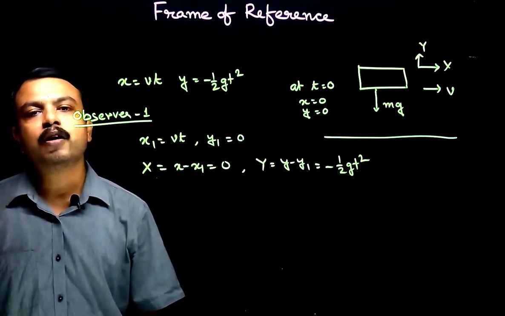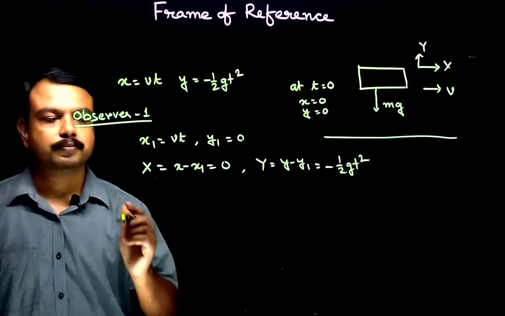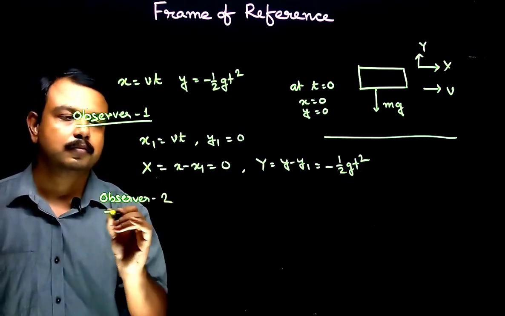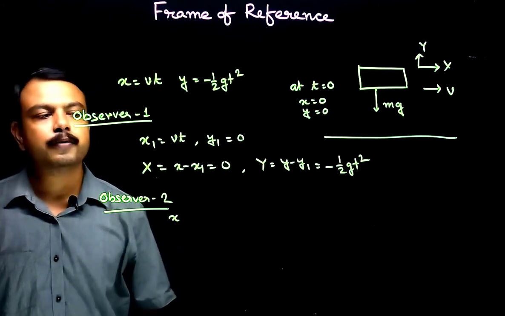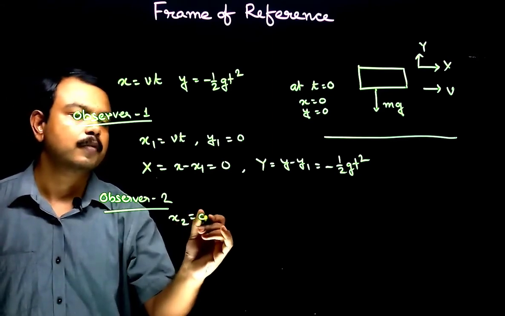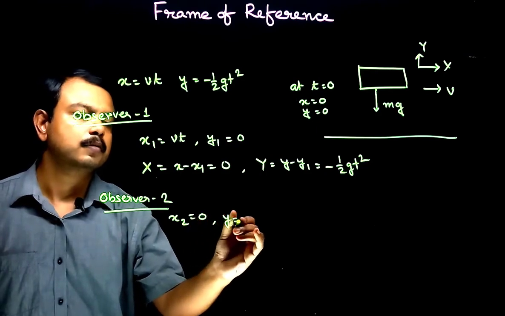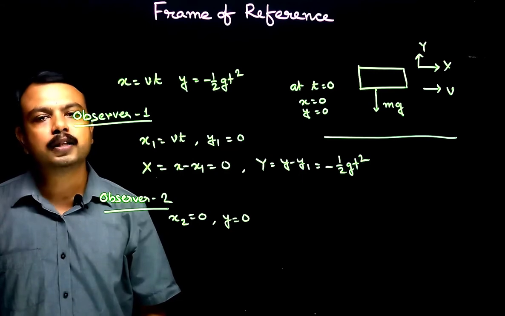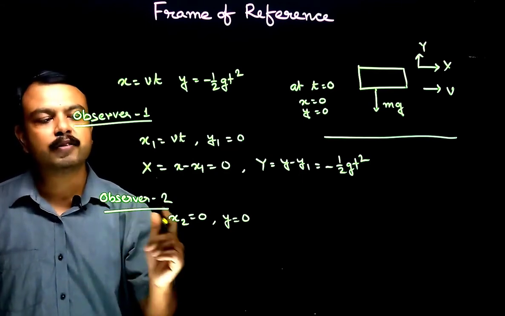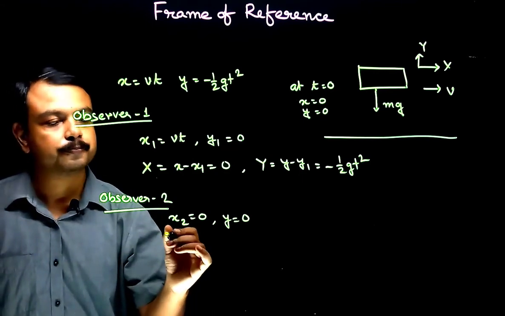Now let's move on to the observer who is standing on earth and he is stationary. After time t, his position is going to be, and the apparent trajectory of water from the viewpoint of this observer is going to become.